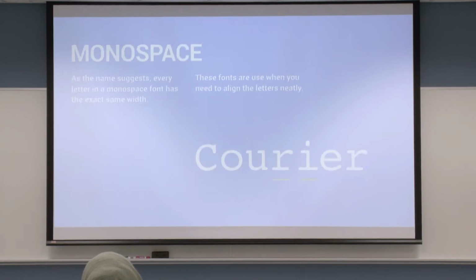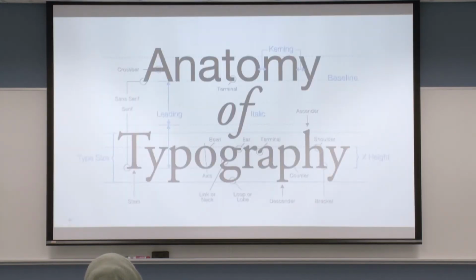Whereas in monospace, every single letter takes exactly the same space. This might be useful if I want to create a layout where I want the letters from different lines to line up exactly, maybe for a logo where I need to stack my text.